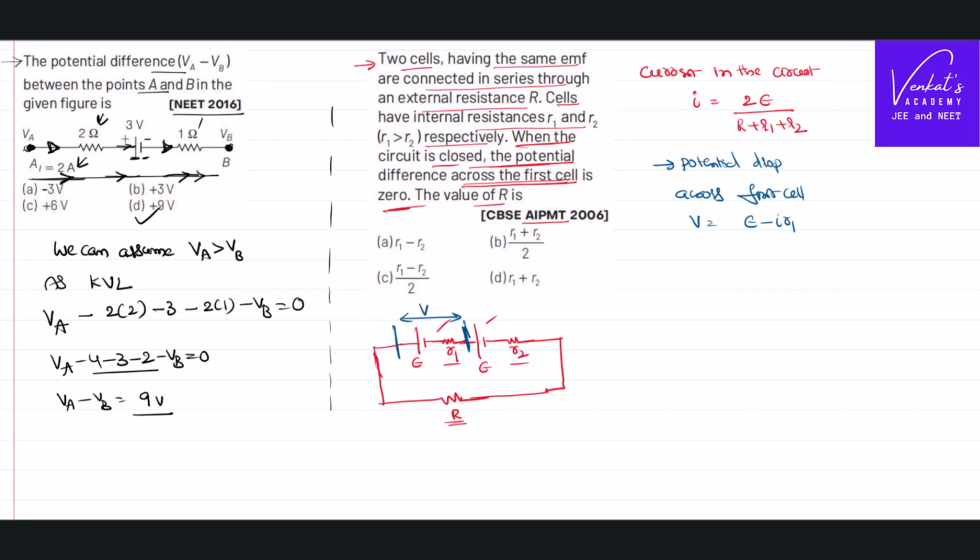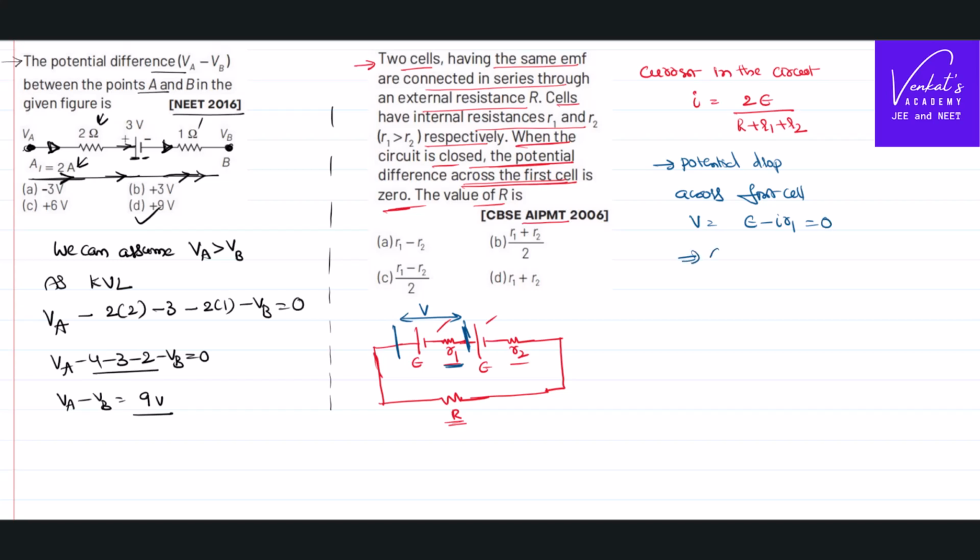Why minus IR1? Because the potential drop in the internal resistance always opposes the flow of the current. That's why, because of internal resistance, total voltage across the resistor V is always less than that of EMF. We know that fact. He said that is equal to 0.